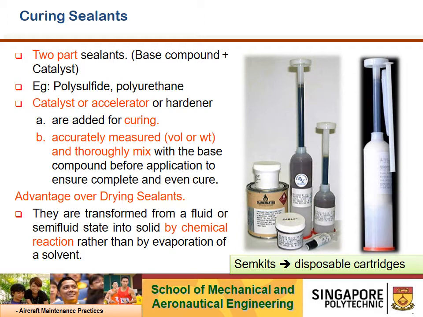They should be thoroughly mixed with the base compound before application to ensure complete and even cure. The advantage over drying sealants is they are able to transform from a fluid or semi-fluid state into solid by chemical reaction rather than by evaporation of a solvent, thus giving you a better sealing capability and application.